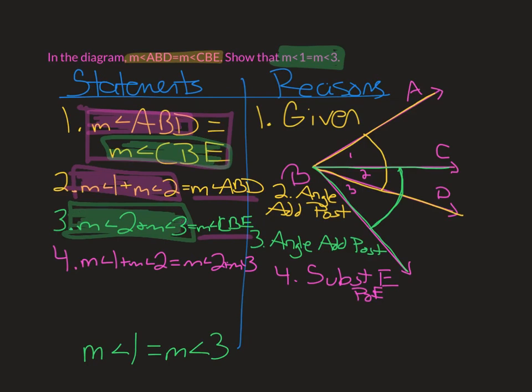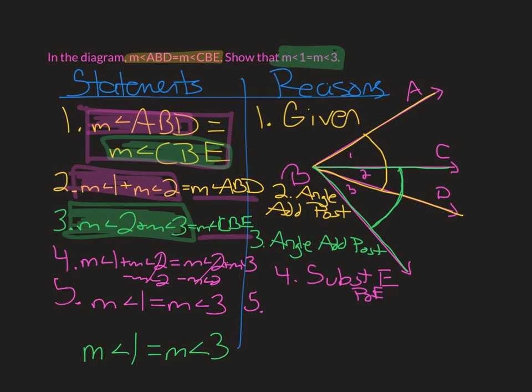Now think back to algebraic proofs. If you think about statement 4 as an equation, you might notice that if I subtract the measure of angle 2, and I have to do it to both sides, it's going to cancel on both sides. What that leaves me with is the measure of angle 1 equals the measure of angle 3.